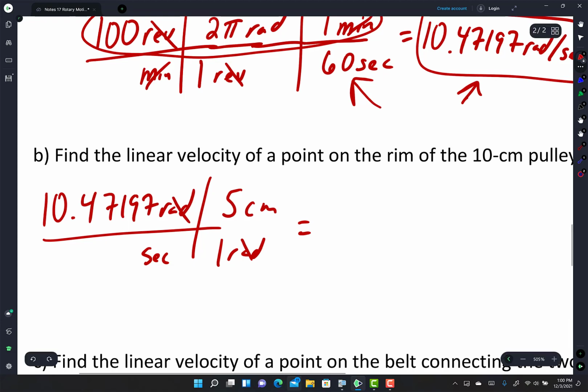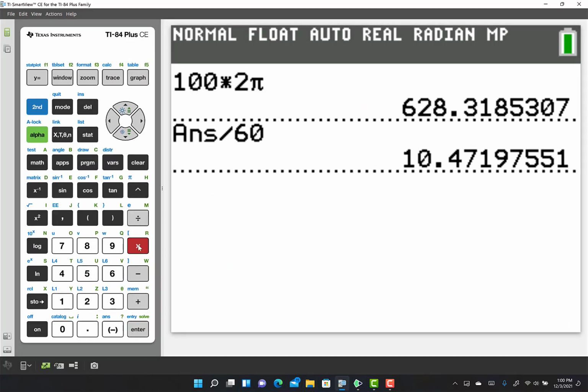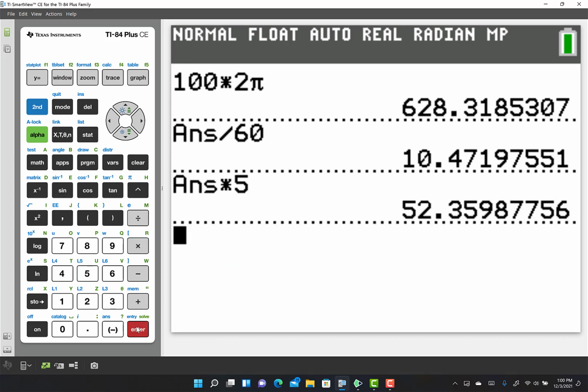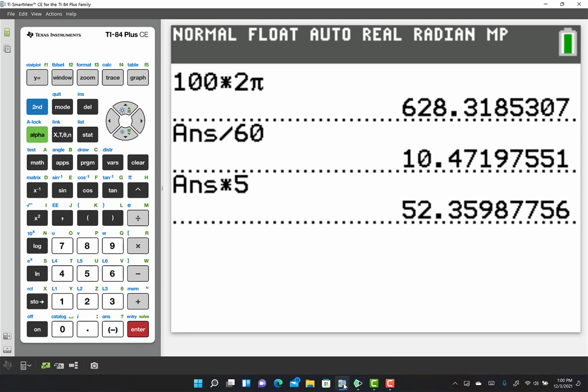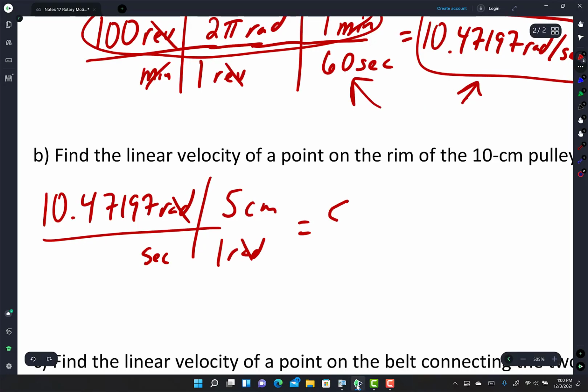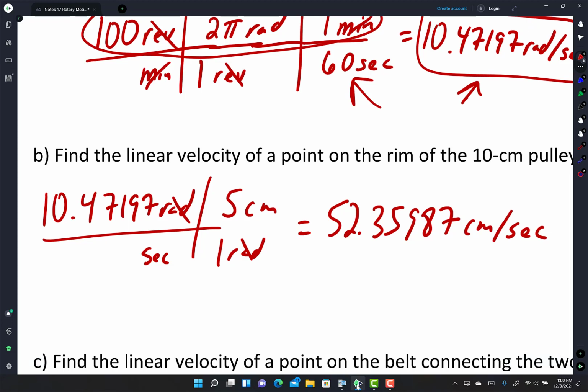So I take my calculator, and I'm just going to go that times 5. 52.35987. So let me write that down. 52.35987 centimeters per second.